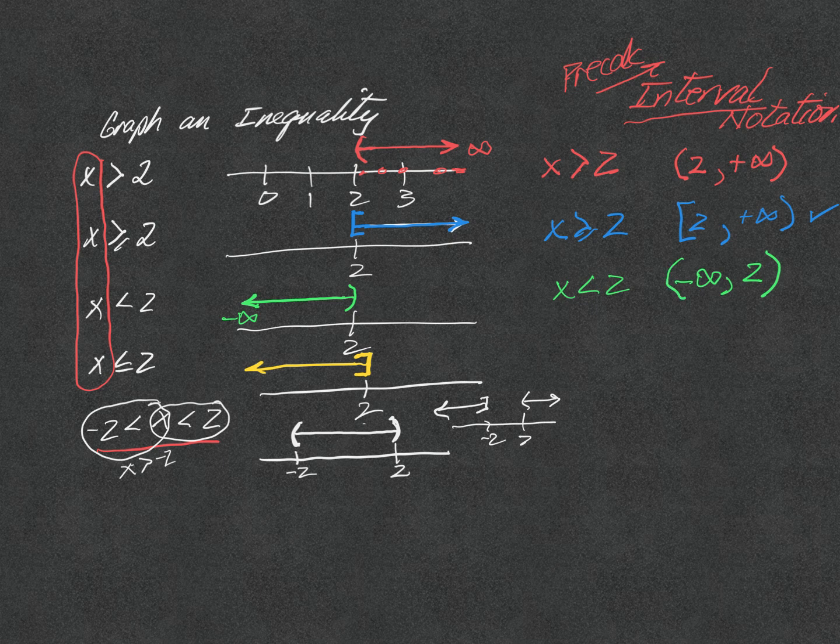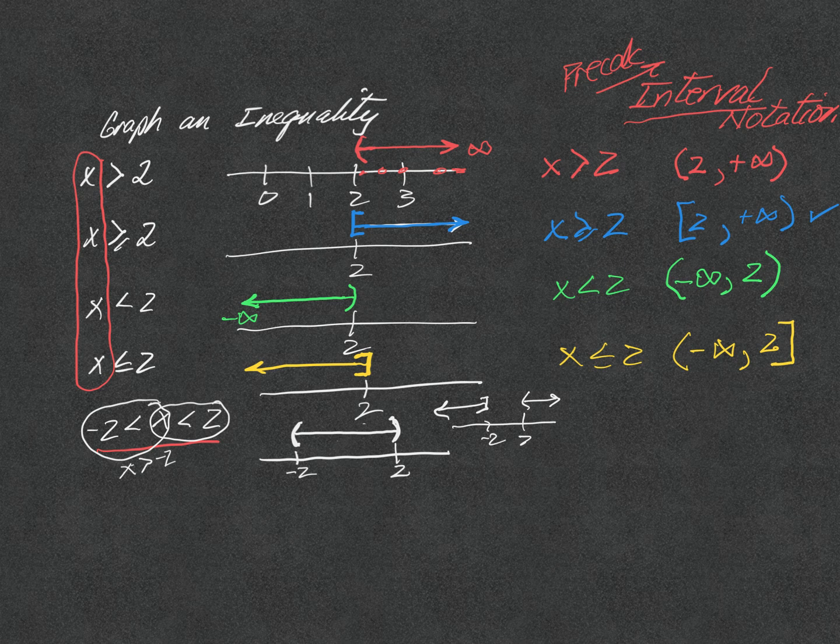And we can never equal infinity, so we put a parenthesis. Then we do less than or equal to 2 the same way, except since we're going up to 2 and we're equal to 2, we would put a bracket on that.